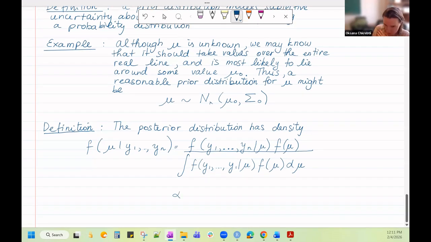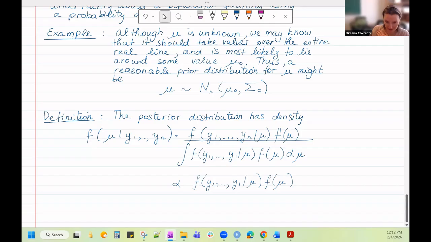And we typically don't use this expression that I just wrote down. We typically just use the fact that this posterior is proportional to the likelihood, the density of the observed data given the parameter, times the prior density.